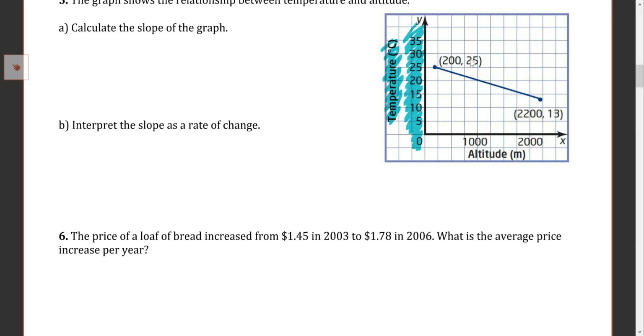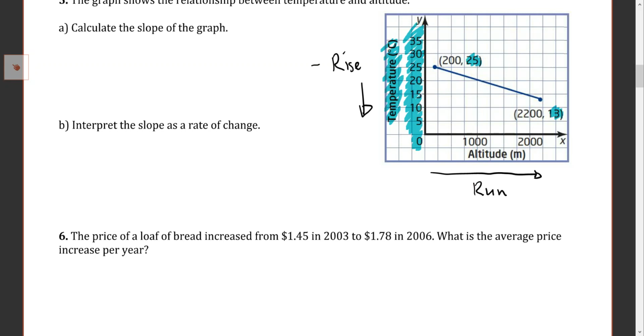Right, that's the 25, look, and the 13. So those numbers are the rise, yeah? So this is the rise, but the rise is actually a fall, so we have a negative rise. And then this is the run. Run is always positive, okay?